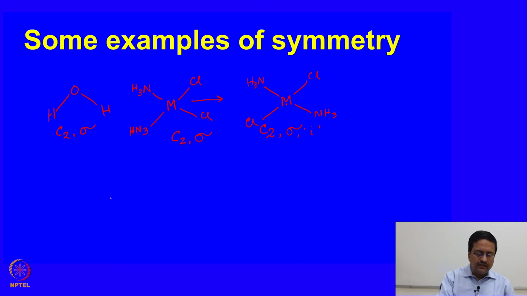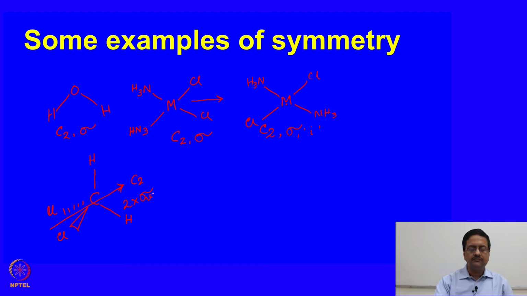Similarly, if we draw a carbon-based molecule like this, where we have two hydrogens like that and two chlorines like this, which is nothing but dichloromethane, a very well-known solvent, this molecule also has a C2 axis and two sigma planes.